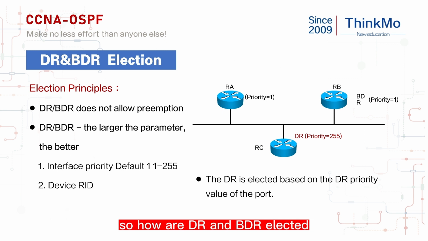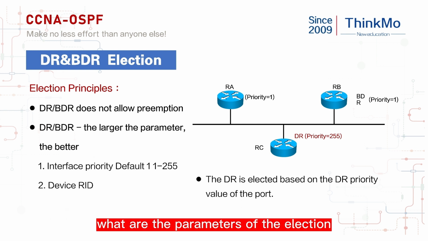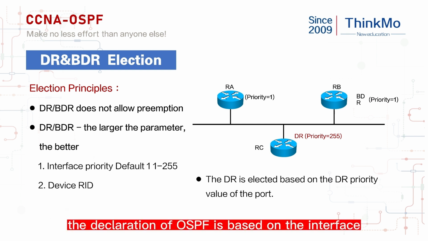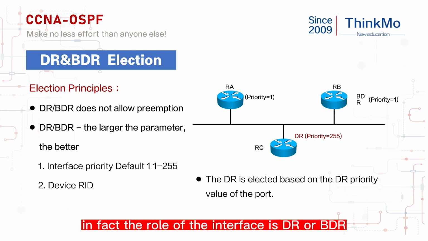So how are DR and BDR elected? What are the parameters of the election? For all parameters, bigger is better. The first is interface priority. I just said that in fact OSPF's declaration is based on the interface, so the priority is an interface priority, and the interface's role is DR or BDR.